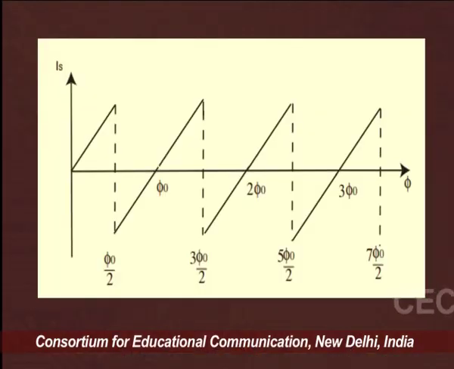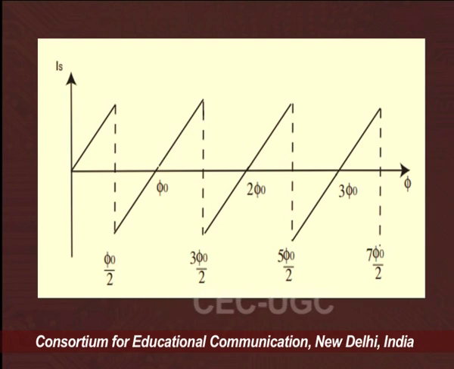Then, as the applied flux goes from half a flux quantum towards one flux quantum, the screening current decreases. When the applied flux reaches exactly one flux quantum, the screening current goes to 0. You can see here at phi naught, 2 phi naught, 3 phi naught, the screening current is equal to 0.